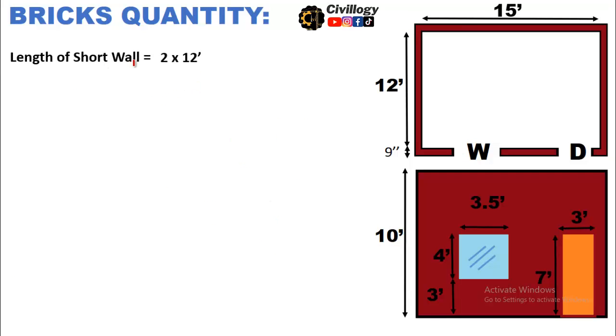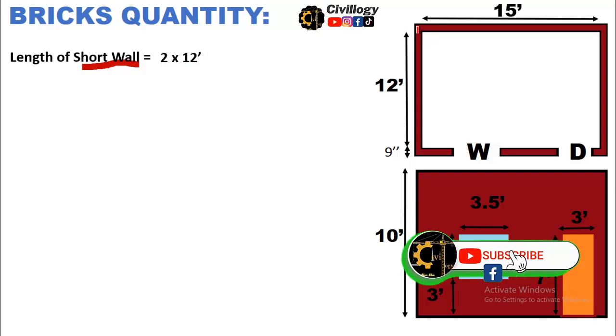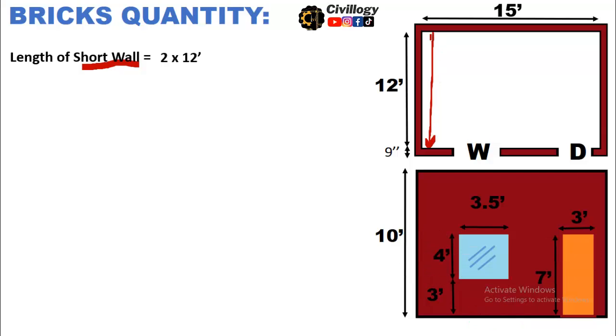Now, length of a short wall. Length of a short wall, 2 multiplied by 12. As the thickness has already been added in the long wall, the length of the short wall will be the clear span of the room, which is 12 feet, and there are two short walls, so it will be multiplied by 2, so the length will be equal to 24 feet.